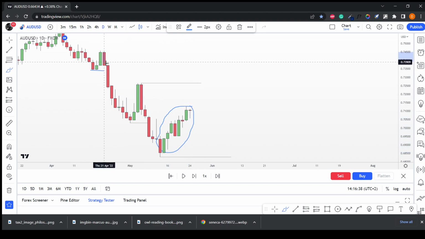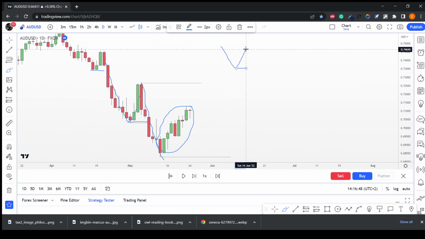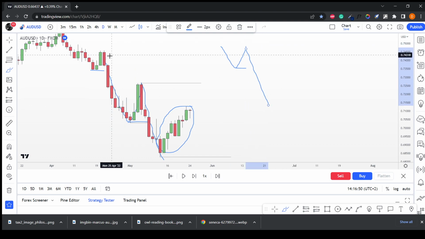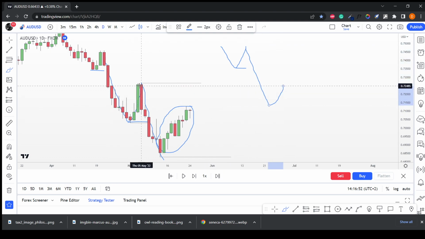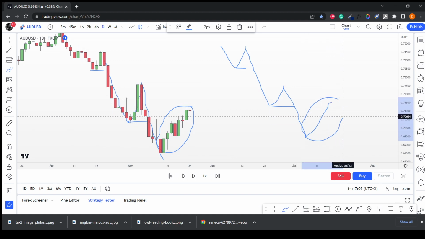We have a break, an impulse, a pullback, a break, and a pullback. So on a daily it looks like this: a move, a break, so this break is this one, then a pullback, this one, a new move, and a break here. And then the market started this. So let's look inside of this price action on lower time frames.